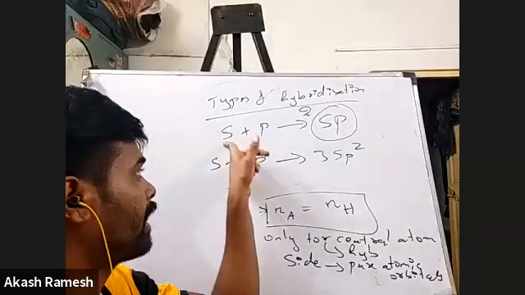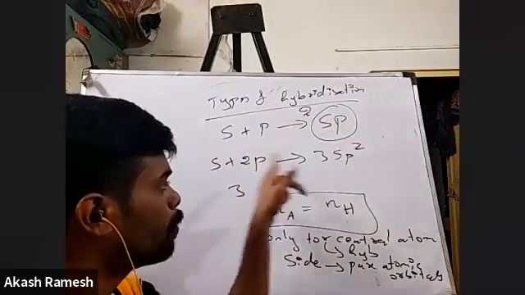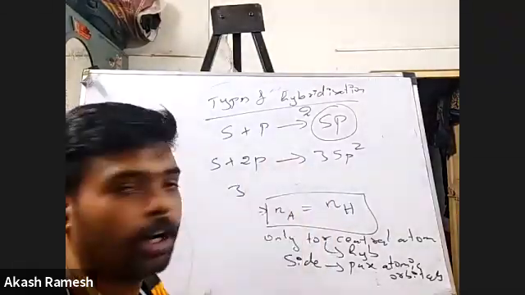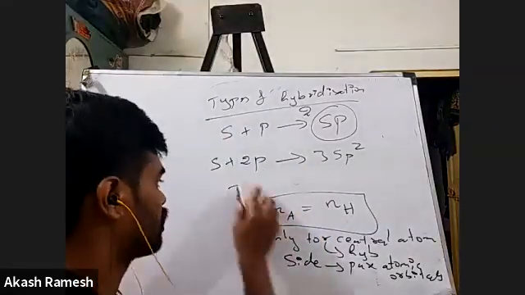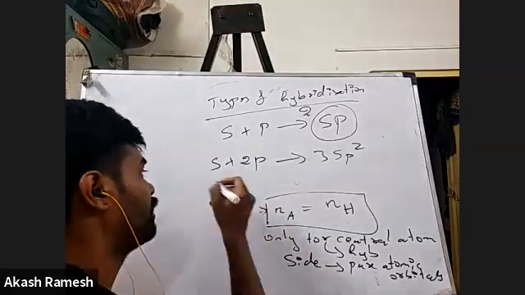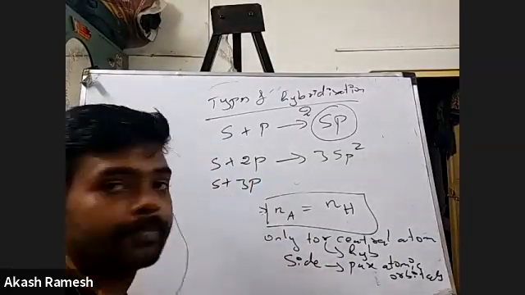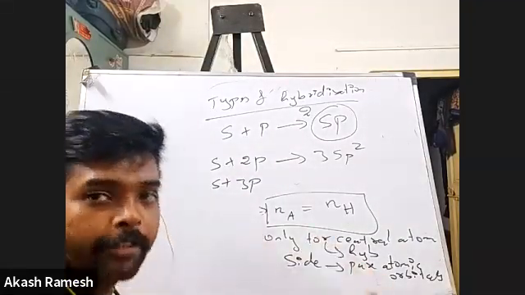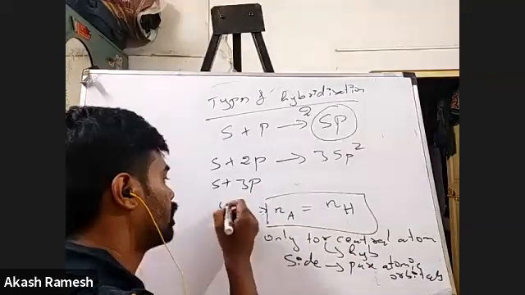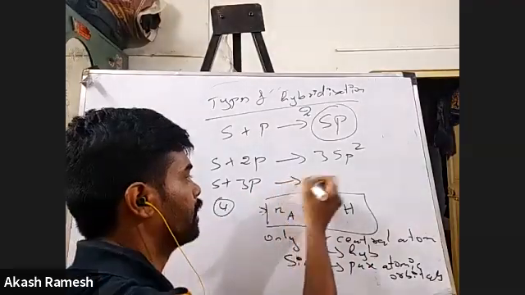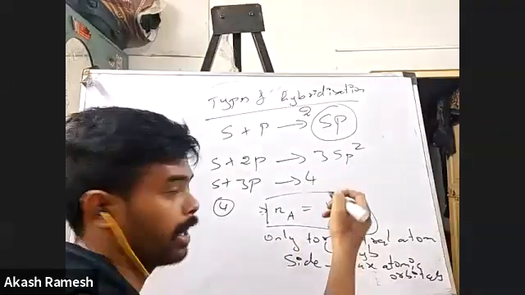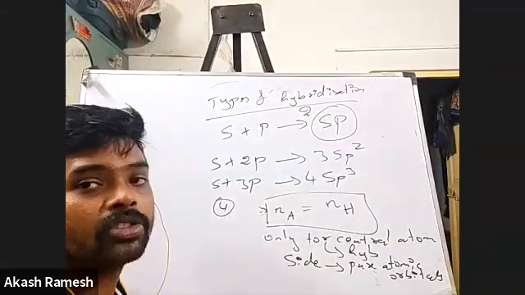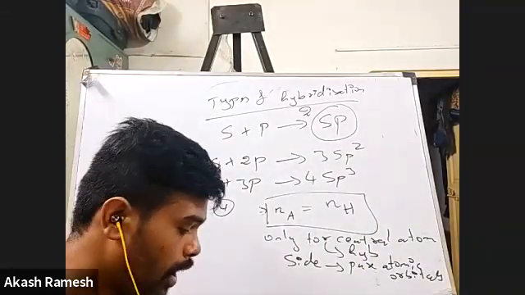Very simple. 1s and 1p, sp. 1s and 2p, sp2, and 3 of them because 3 atomic orbitals are combined. Cool? Now the next type of hybridization I can have is s plus 3p. Again, not the 3p orbital, but 3 numbers of p orbital. Now totally 4 orbitals are combining, so definitely there are going to be 4 sp3 hybridized orbitals.